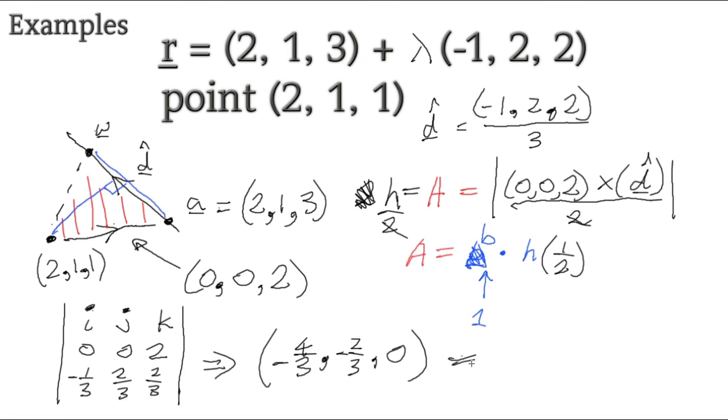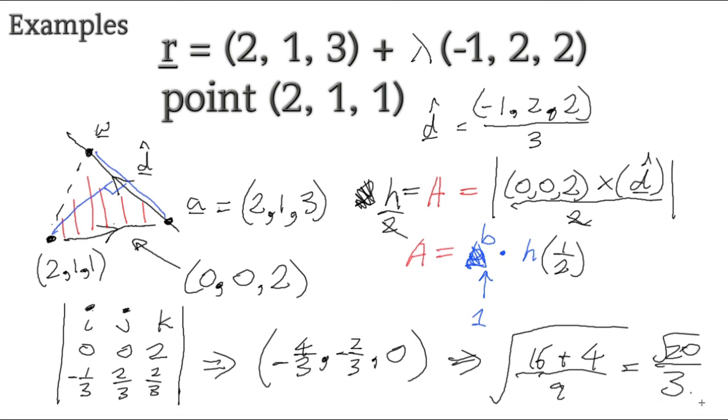So I've got this, and now remember to take the modulus of this vector, which is just the square root of this: 16 on 9, this is 4 on 9, add them together, give us root 20 on 3, and that is the separation between the line and the point.